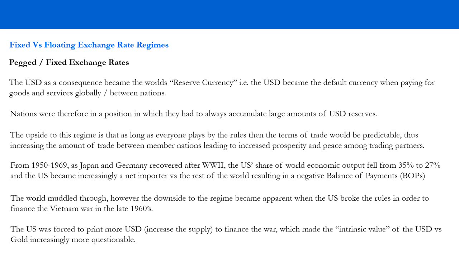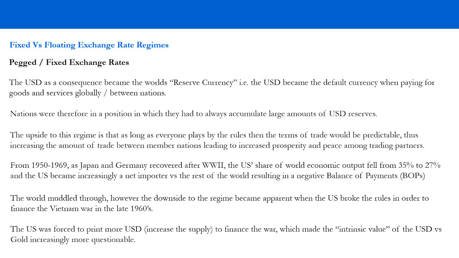So what was happening was that Japan and Germany were recovering structurally and producing goods for the international market that were in competition with US goods. And what happened was that the US increasingly became a net importer of Japanese and German goods and versus the rest of the world, resulting in a negative balance of payments within the United States. So the US ended up with a deficit.